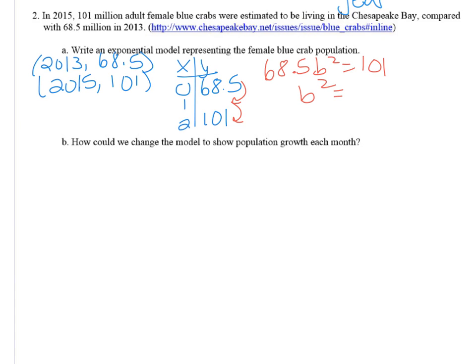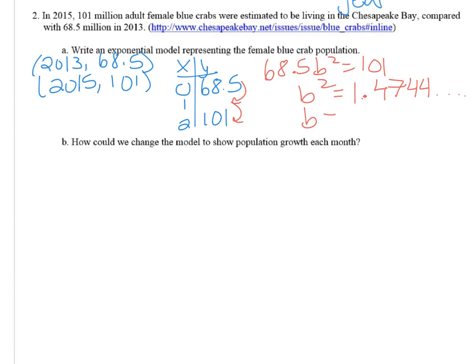We're going to divide both sides by 68.5. You have to use a calculator for this. And we get 1.4744, and it's a very long decimal, and it keeps going.